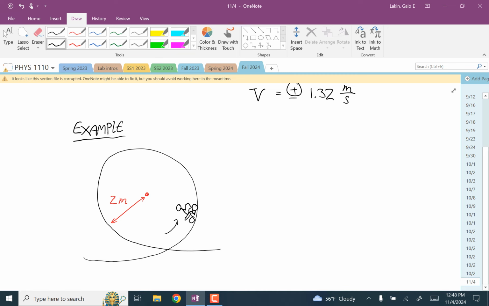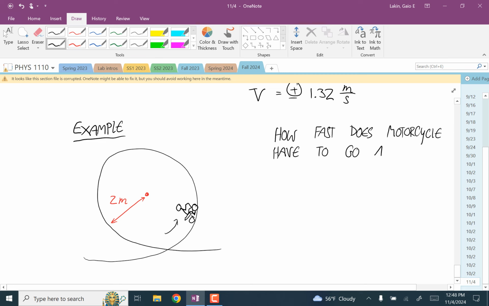And we want to know how fast does the motorcycle have to be going at the top to stay on the track?